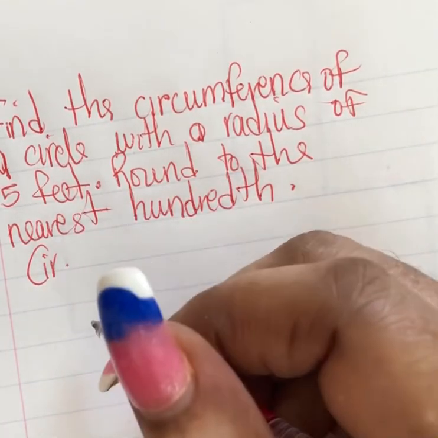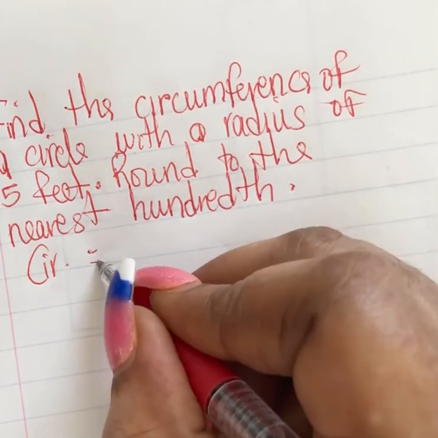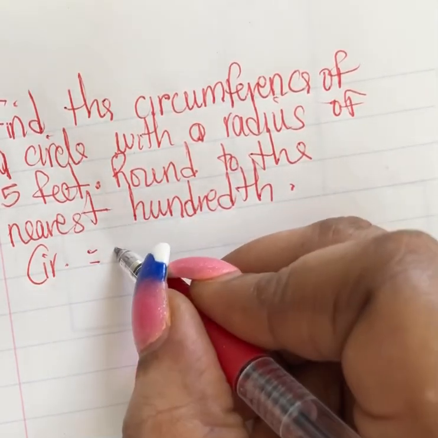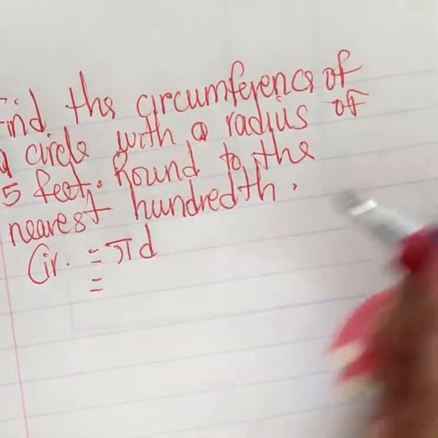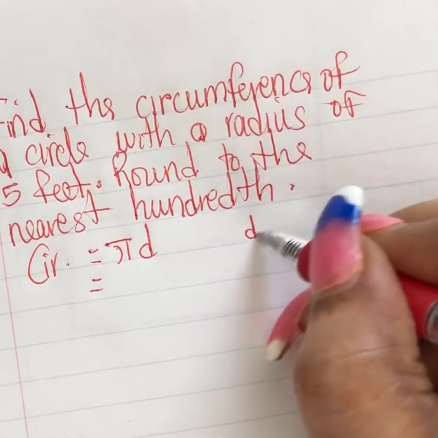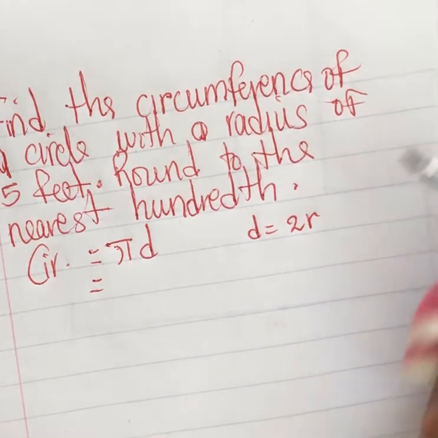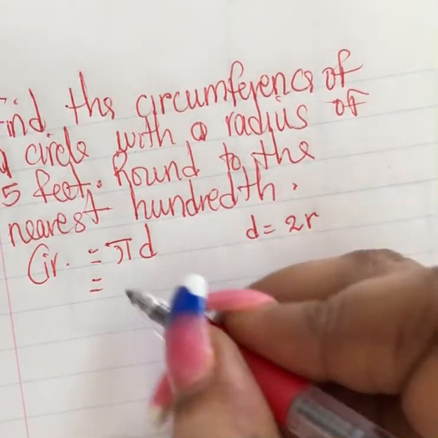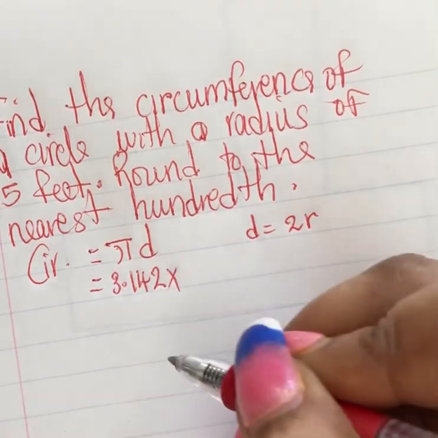We can use pi d or 2 pi r. Alright? So if I'm to use pi d, I will have to double my radius because the diameter is equal to twice the radius, okay? And in this case, I'm going to use my same pi as 3.142.